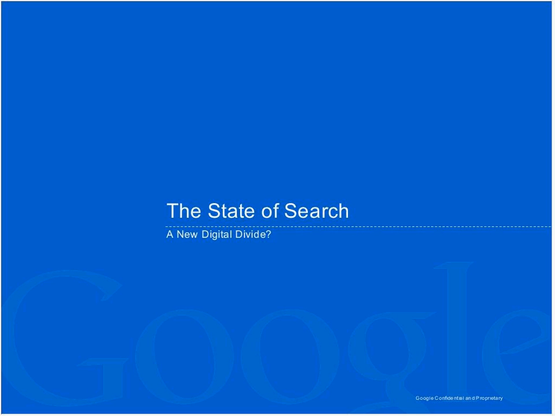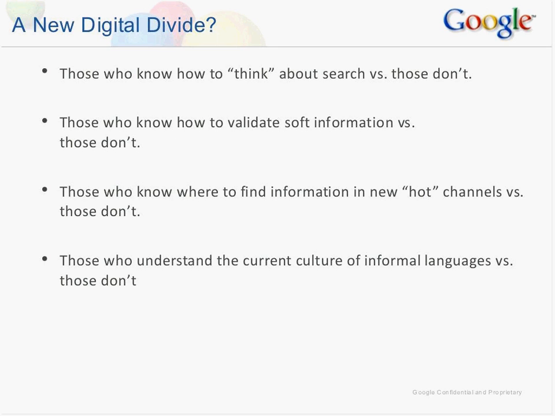And our job here today is to really help you, give you some of the tools, some of the insights, and some of the techniques that allow you to be a better searcher, as well as to communicate this to your students. So the new digital divide could be between the searchers and the folks who don't quite know how to think about search.